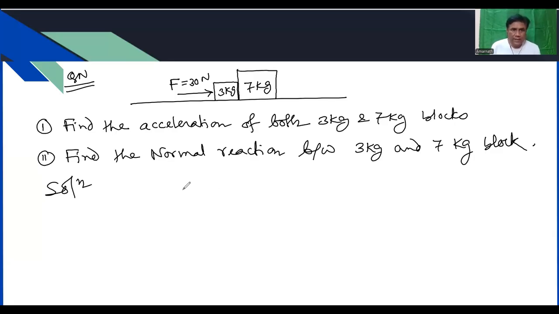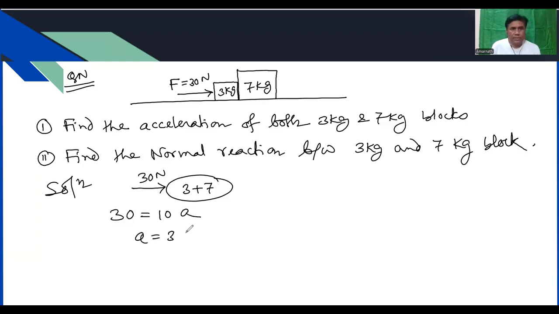So if I take both as together, so total mass will be 3 and 7. So it is 30 Newton. So it means F equal to MA. So A equal to 3 meter per second square. Now if I draw the free body diagram, this is 3 kg.